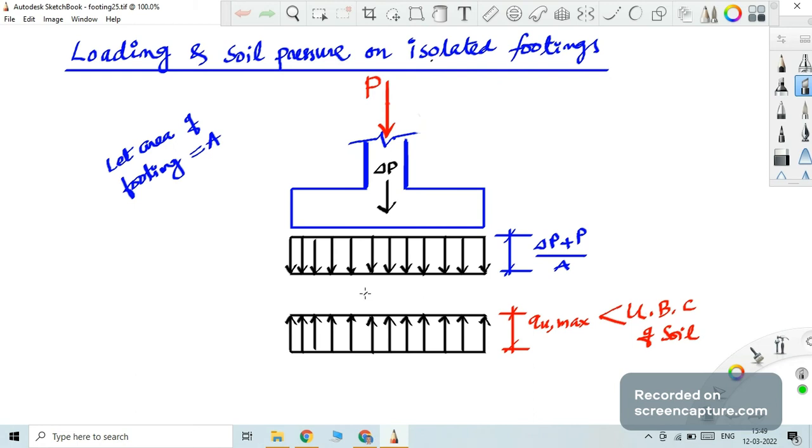Let us try to do two problems based on your syllabus. Two types of problems are there. We will be doing all the problems with only P acting, no eccentricity, so no trapezoidal variation of soil pressure.